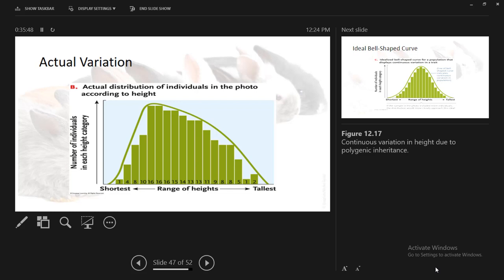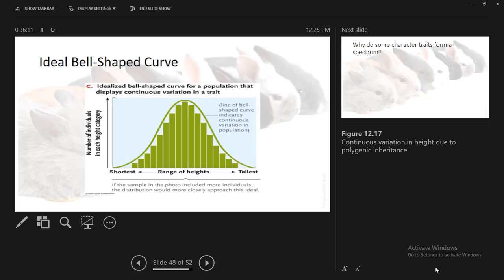Here's the actual data from the class, range of heights, from the shortest individual to the tallest individual, and these numbers represent the number of individuals at that particular height. And so you get somewhat of a nice bell-shaped curve here, where you have a continuous distribution of those phenotypes. And so here's forcing it to fit a bell, cleaning it up a little bit.